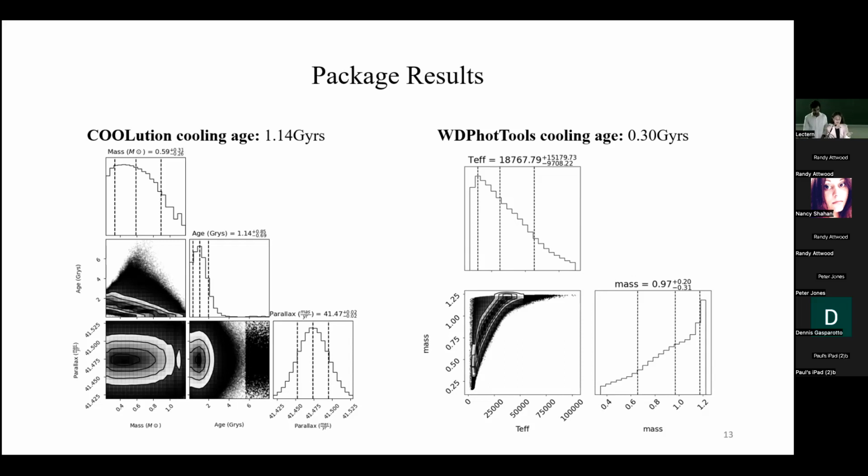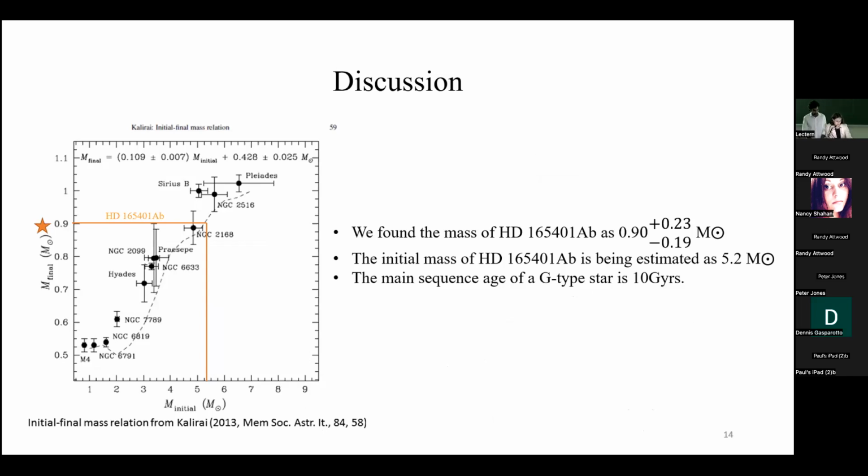But based on these cooling ages, we are getting an age much smaller than 10 gigayears. We are getting nothing close to 10 gigayears, actually. So that's an inconsistency about the age that we faced.